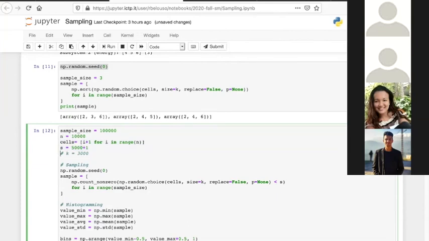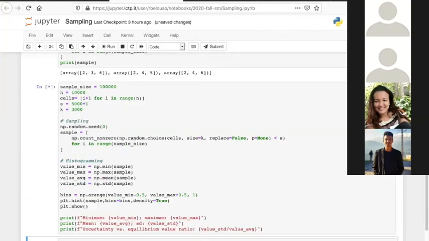So the first 5,000 of the 10,000 total cells will be in my subsystem, and in the second subsystem, which I don't care about at the moment, there will also be 5,000 cells. I also increased the number of energies to 3,000. Okay, let's run it.